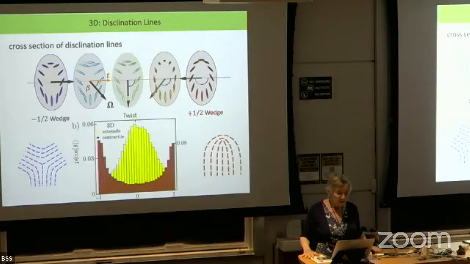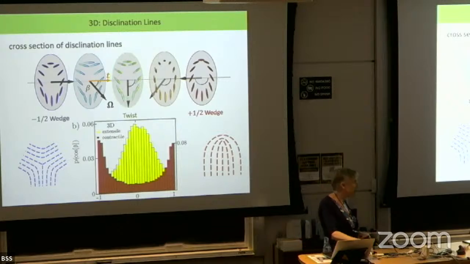Sorry, this slide is probably a bit much, so don't worry too much about this one. What actually happens in an active system is that if you have an extensile system, you tend to get twist defects. This is the probability of different sorts of defects. The ones in the middle are twist defects.